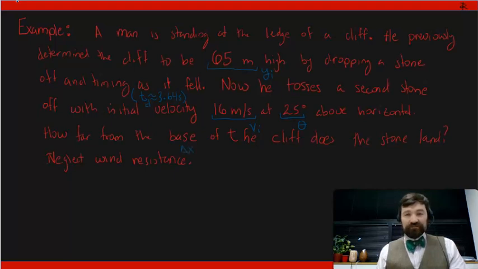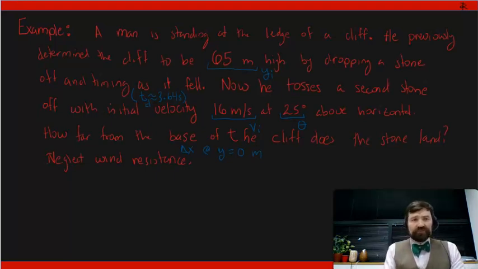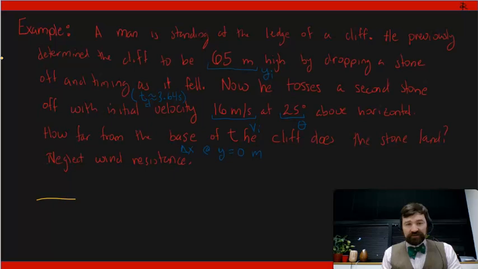What is y final? Well, it's landing on the ground below, so we could say delta x at y equals 0 meters.